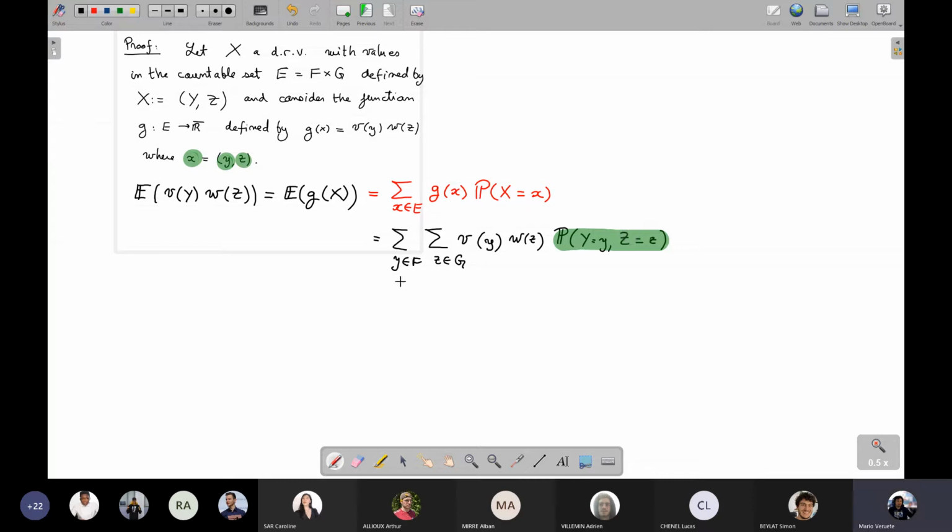I can say then that this is exactly the same thing, but with the product of the probability that Y equals y and the probability that capital Z equals little z.